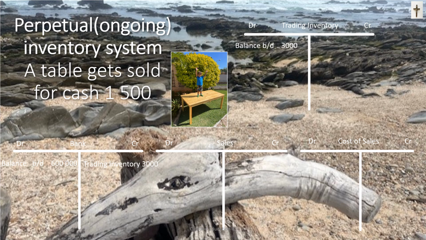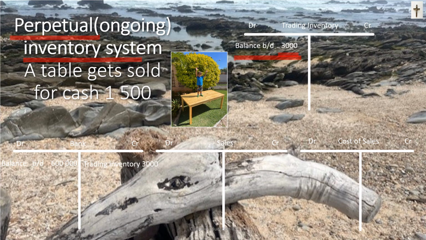Using the perpetual inventory system means we are able to calculate the cost of sales after every single sale. So if we look at the example from the previous slides to explain the perpetual inventory system, if you remember, we bought 3 tables, 1,000 Rand each.